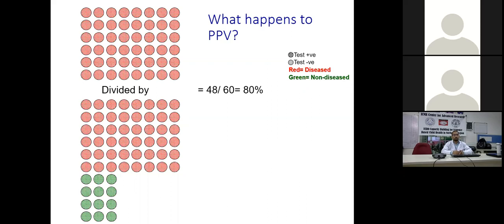And amongst them, there is a certain proportion which is gold standard positive, which is in the numerator, true positives. So it's 48 by 60, which is 80%. Now just remember, in the previous example that we did, the positive predictive value was only 64%. It has now risen to 80%.